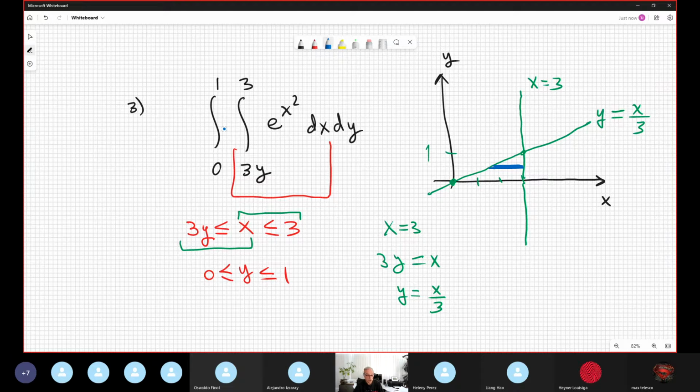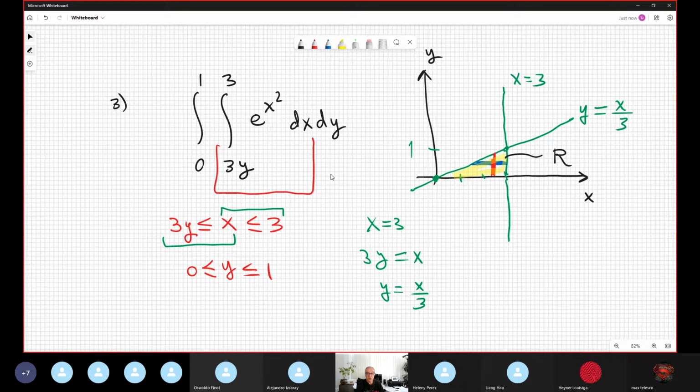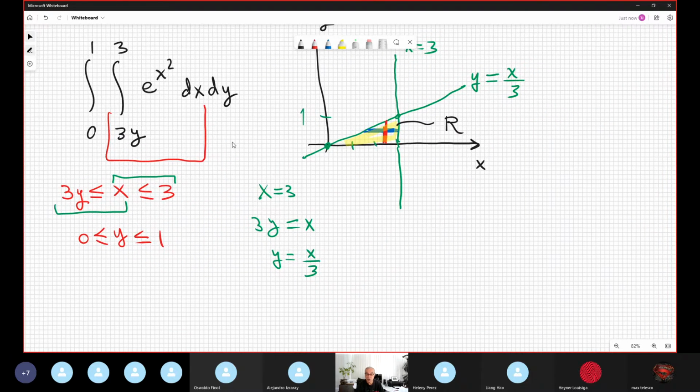I want to change to this direction. Okay, this is my region. So identification of the region where somebody is doing this integral. This is my famous region R. Identification also of the direction of the integration, okay, was the blue, but I want to change to the red color.